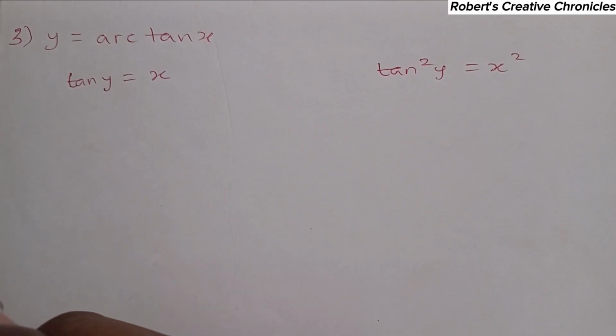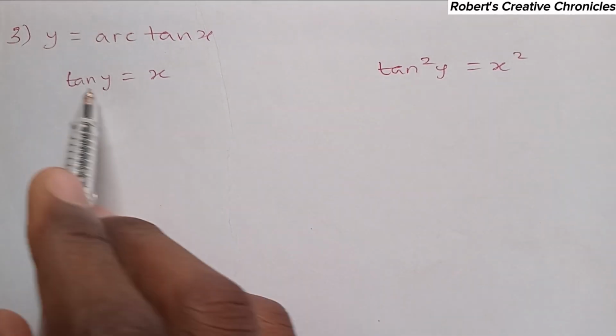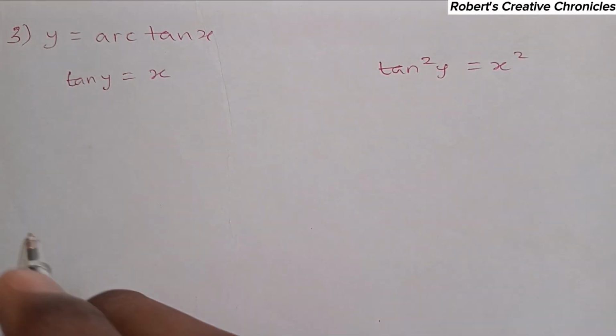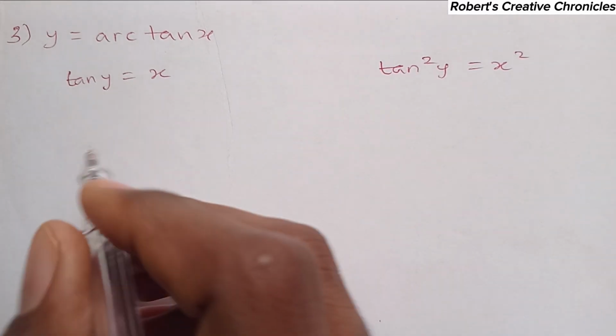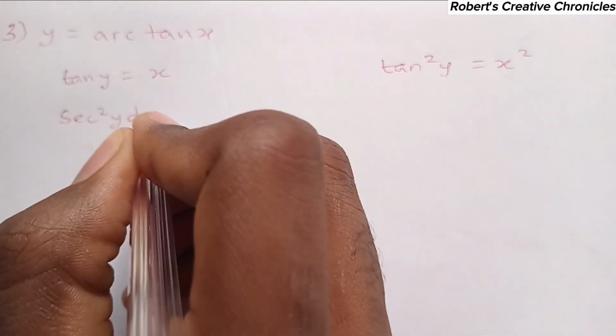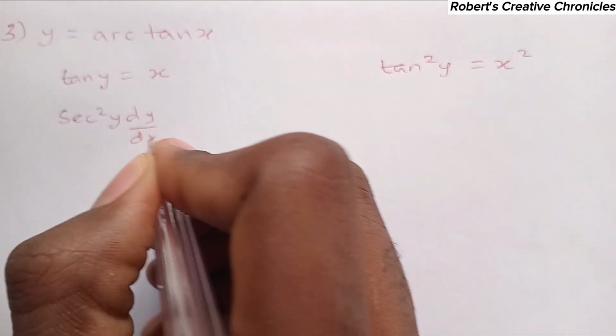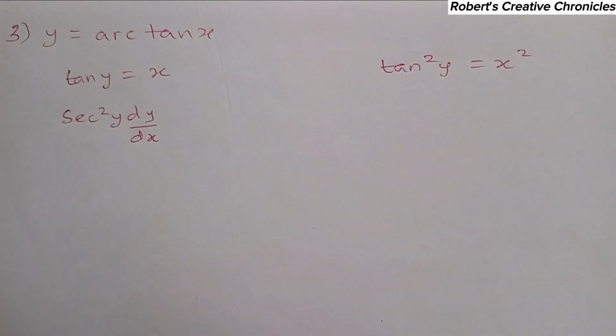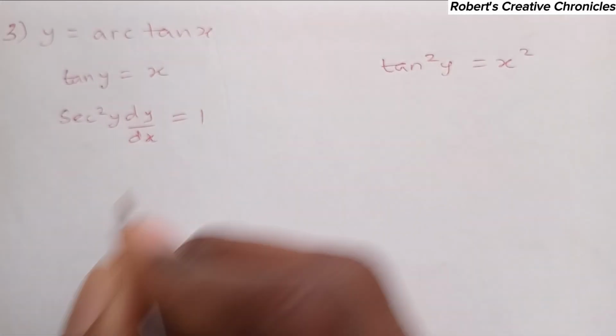So now we'll differentiate this equation with respect to x. So the derivative of tan y is sec square y dy over dx equals 1.